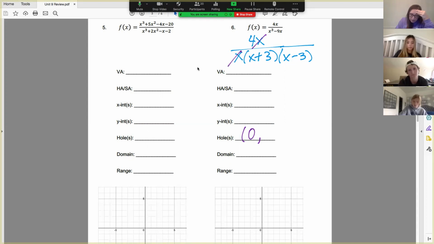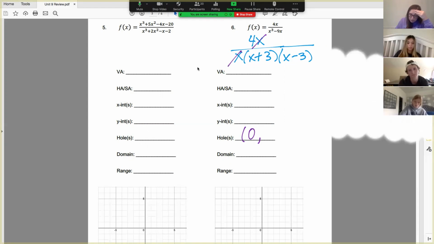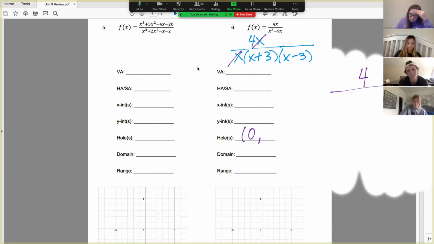So then I'm left over with 4 over x plus 3, x minus 3. When I plug in 0 for x to find the y value of the hole, it becomes 4 over negative 9. So negative 4 over 9 would be my y value.